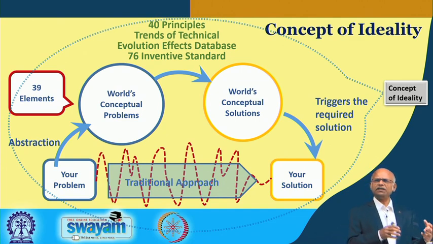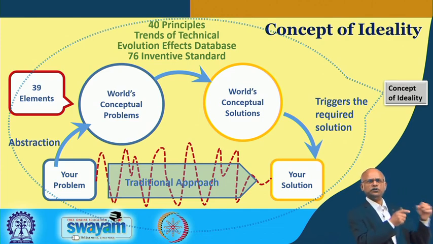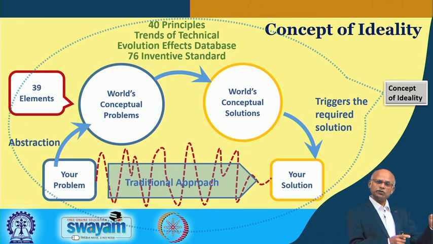So, these 39 elements, suppose you have a problem, then you try to identify which of these elements is similar to your problem. Elements means these are also problems. So, you try to classify your problem out of these 39, wherever it falls.